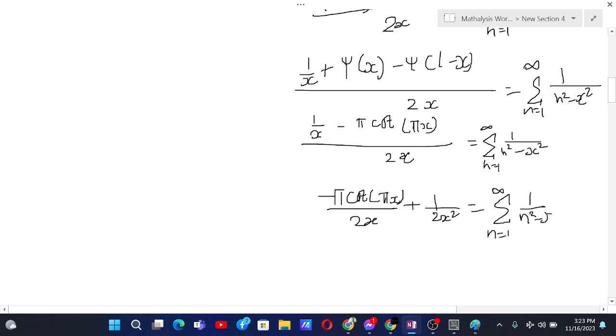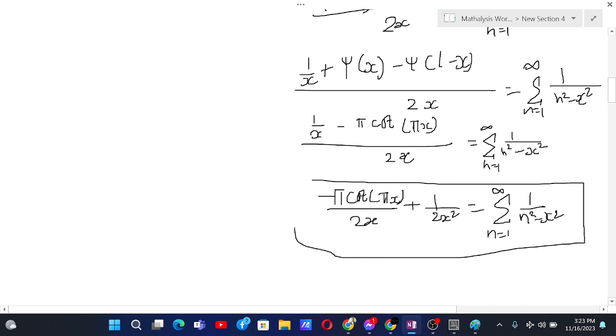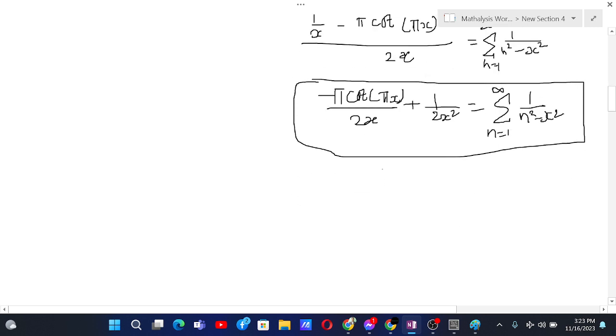Yeah, now this is one of the sums. Say you have to find the sum from n equals 1 to infinity of 1 by n square minus 1 by 2 whole square.